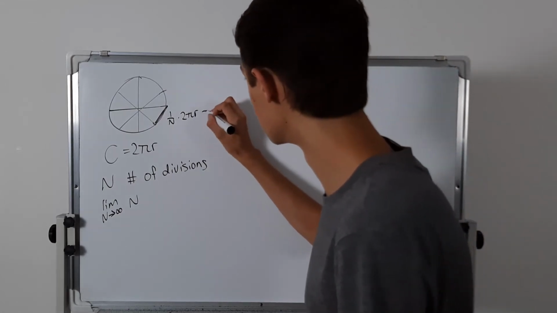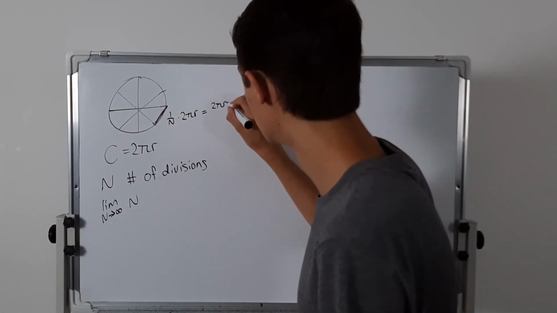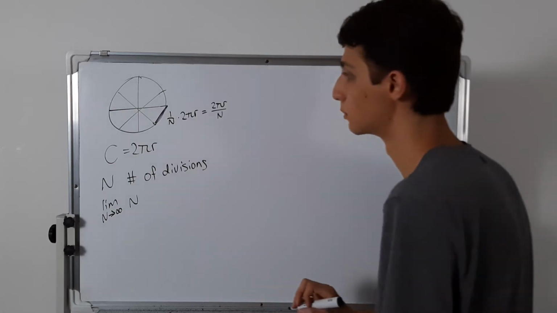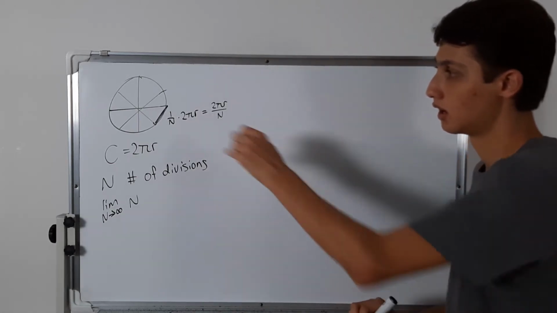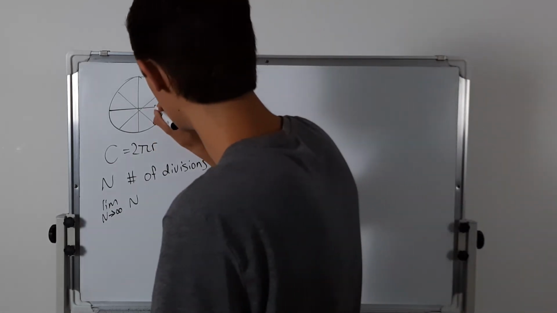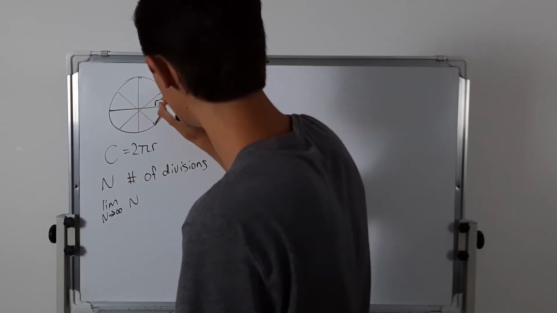Let me just write this as 2 pi r over n, to be more concise. And then the radius is obviously r, that's what we defined it to be.